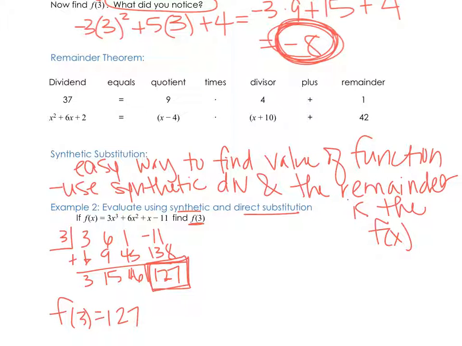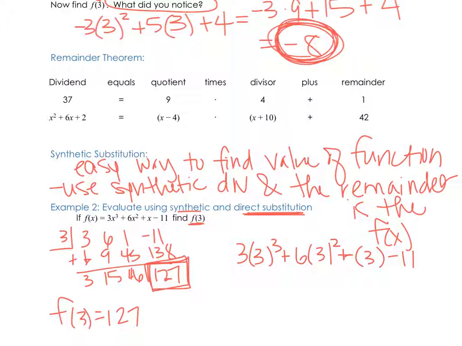Now we're going to do it by direct substitution, the way we have been doing it up to this point in class. I'm going to write my function, and everywhere I used to have an x, now I'm going to put a 3 in.